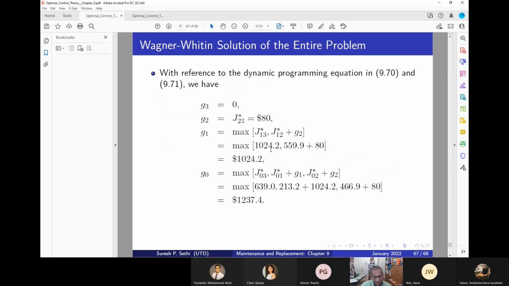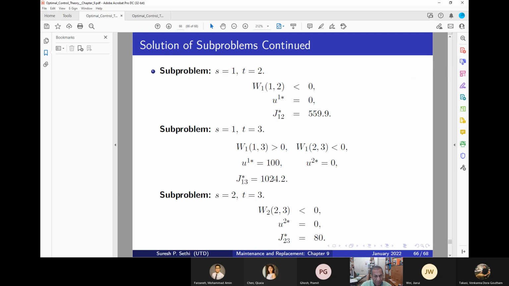Then go to 0. It says the max is J03 star, which is only one machine, or sell at 1 and then go with G1, or sell at 2 and go with G2. And take the maximum of these 3. We have all those values, so the maximum is 639, which we already computed before, which is J03 star coming from here.